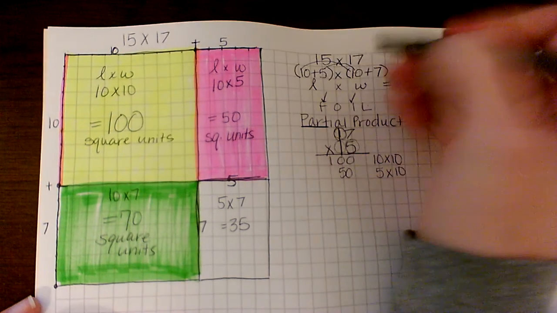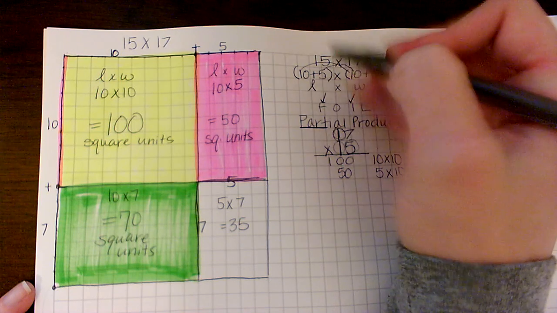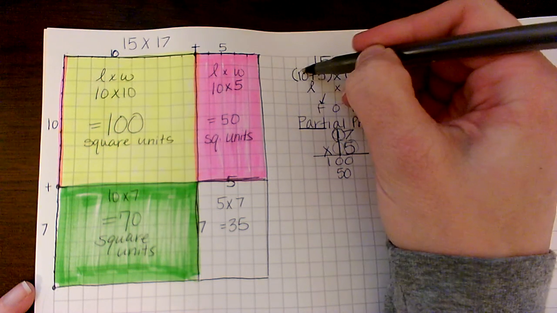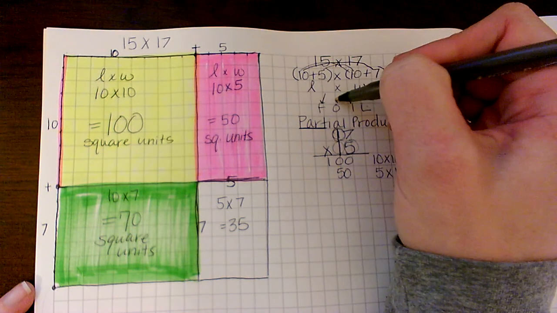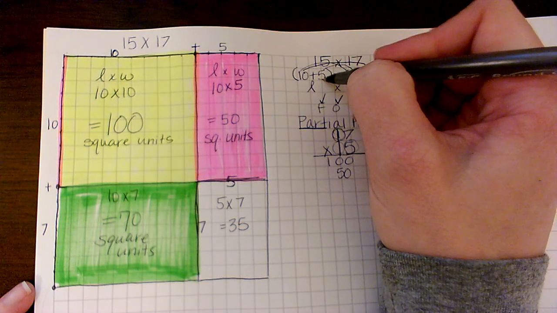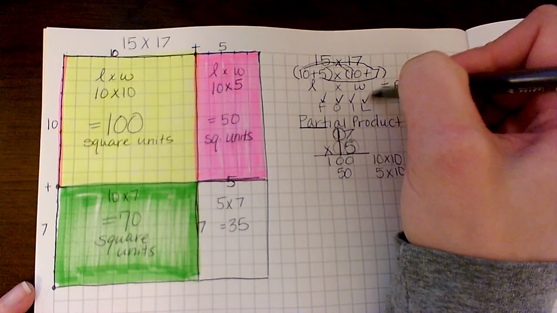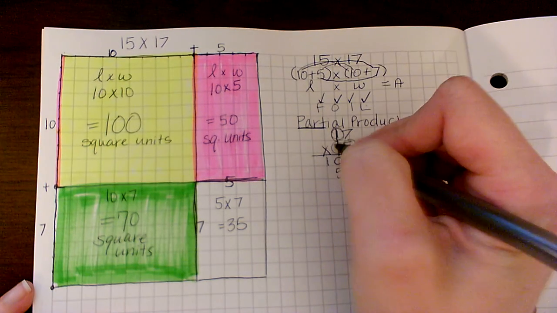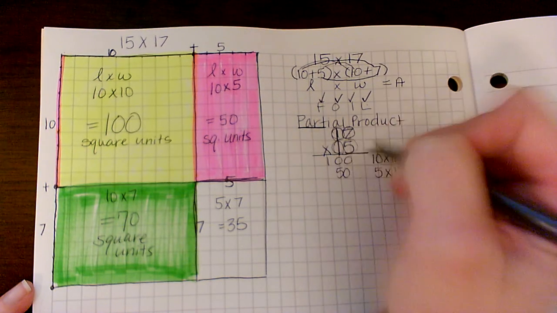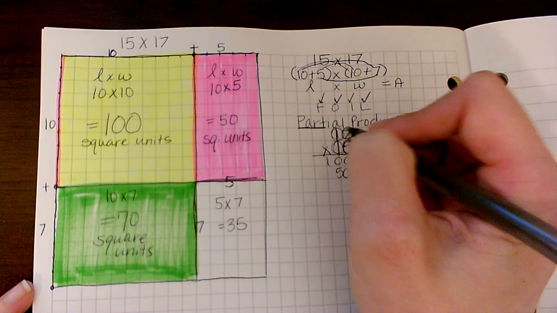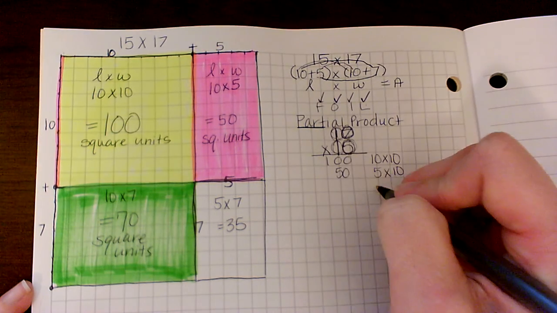So now I've done the 10 by the 7, so the 2 outside ones, and then the last 2, 5 by 7. Okay, so I've done the 10 by 7, and then I've done the 5 by 7.